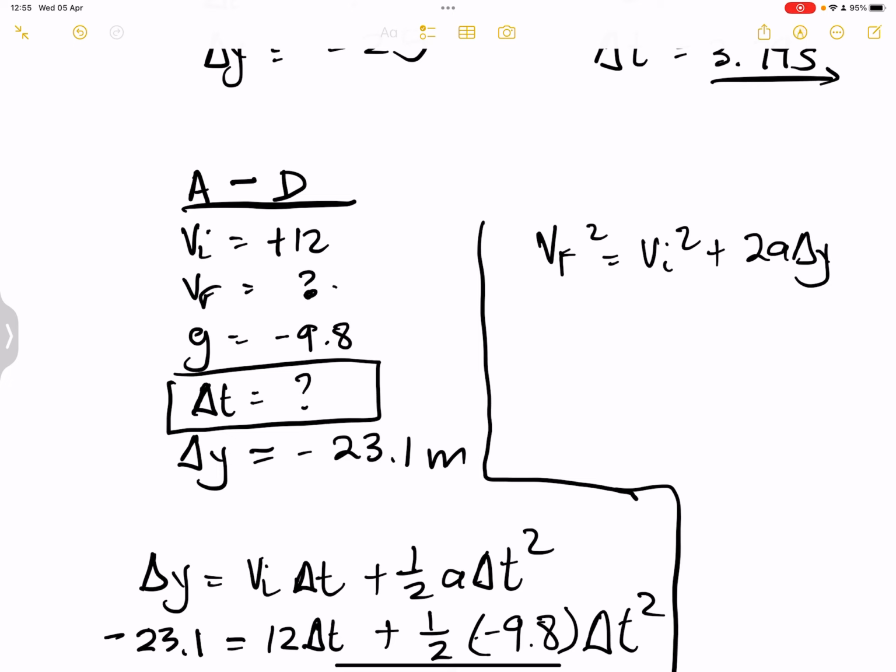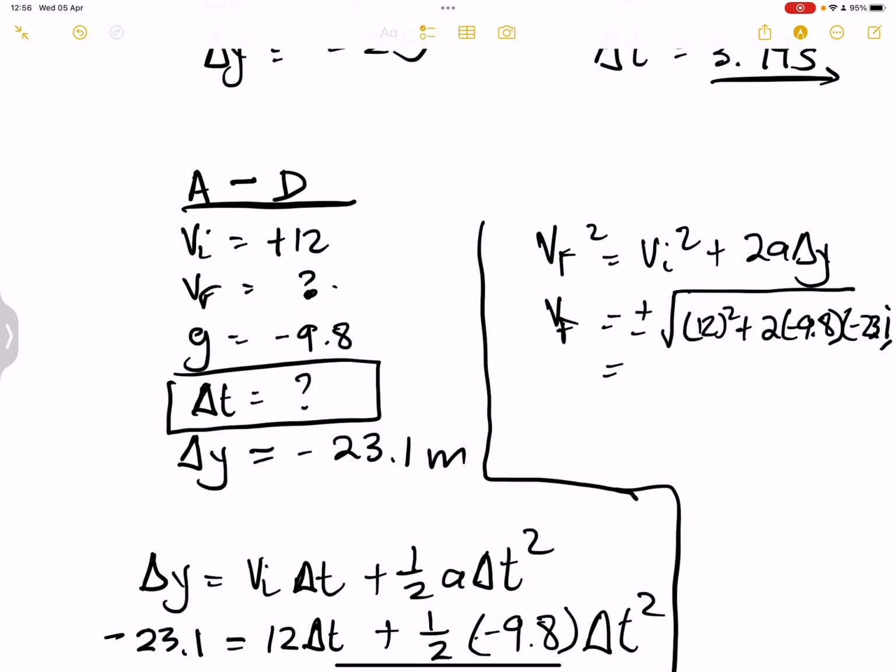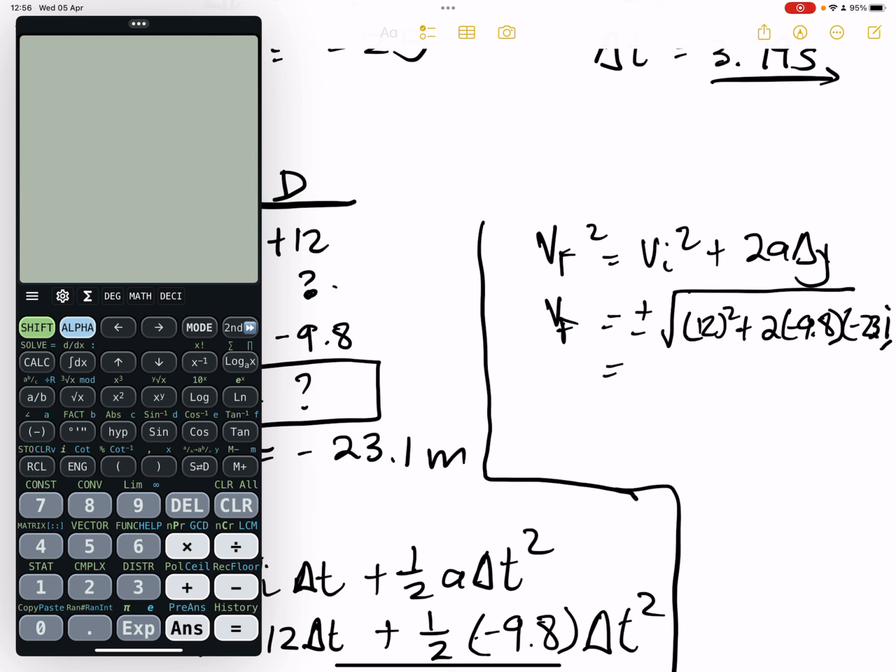In this case, my Vf is what we're looking for. So Vf is equal to plus or minus the square root of 12 squared plus 2 times negative 9.8 times negative 23.1. Sorry about that, squeezing it in there. Let's find that out quickly.